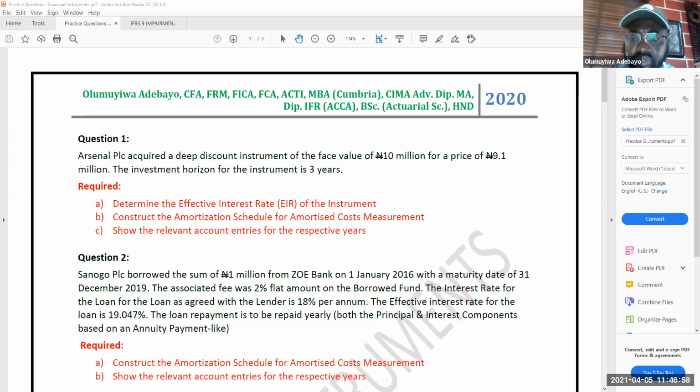Okay. Now let's draw a timeline. We invested how much? 9.1 million today, which is an outflow in brackets.